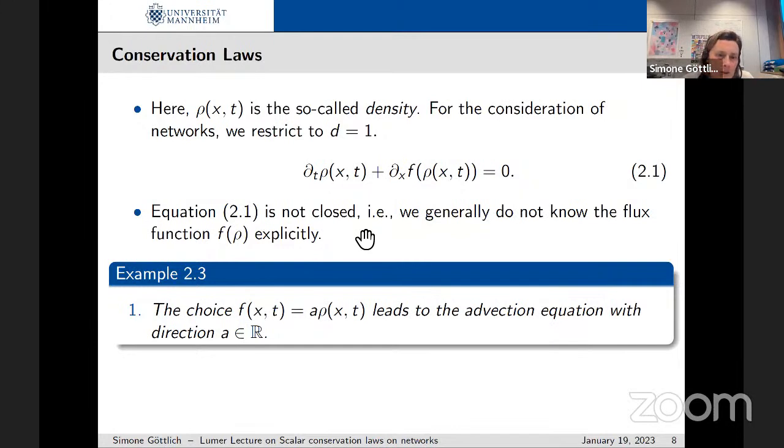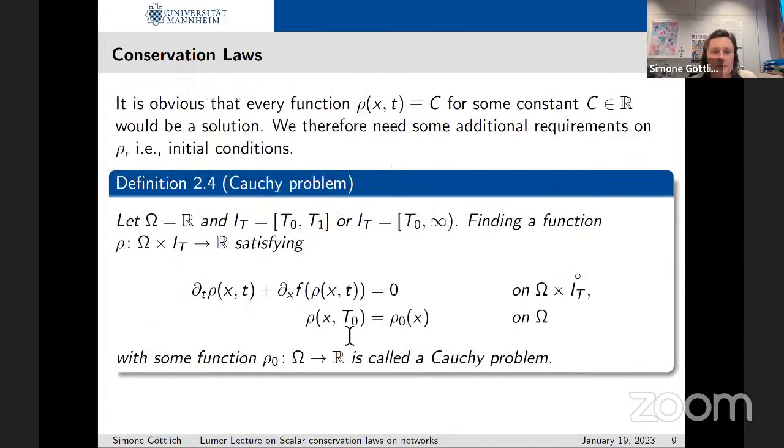The simple choice you may imagine is that we choose f equal to a times rho. This would exactly lead to the well-known advection equation with the velocity a. But this gets more involved when we talk about traffic flow in a minute. If we have a look at the conservation law again, we see that every function rho identical to some constant c would be a solution.